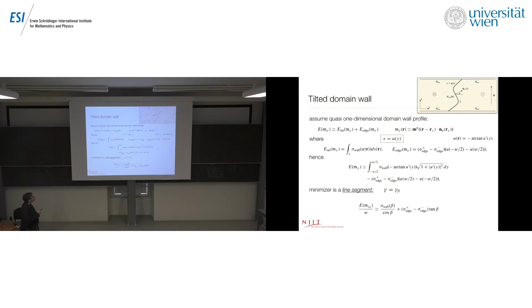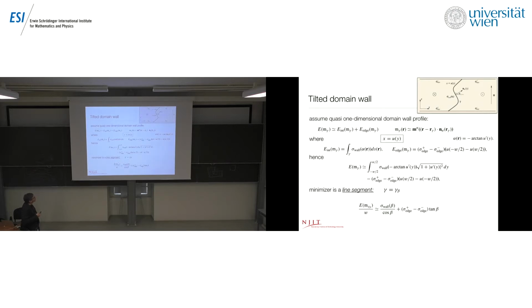If we assume that the curve that is spanned by the domain wall is parametrized in this fashion, so the x coordinate of the wall is a given function u of y, the transverse coordinate, then the energy of the interior walls is just given by the anisotropic perimeter of the interior wall, and we can express the angle that the wall makes with one of the axes via the derivative of u.